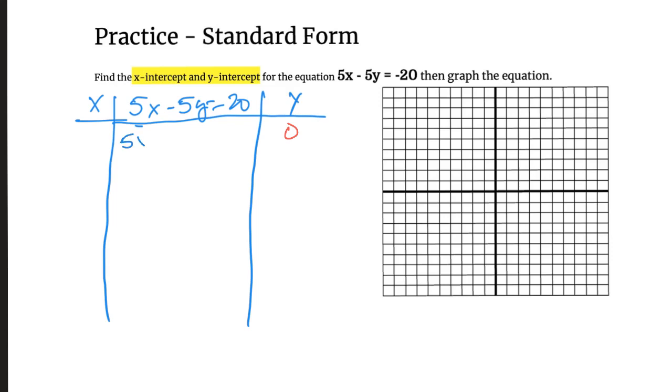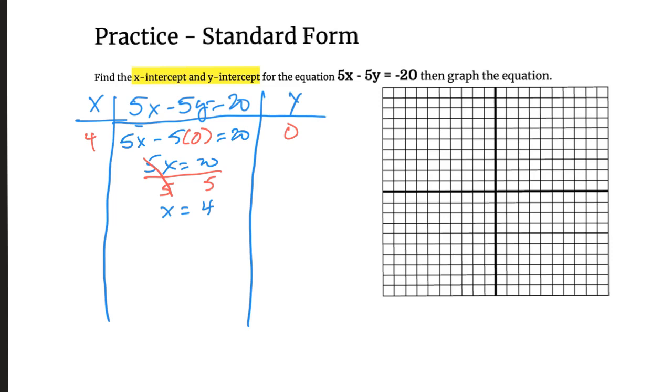So that means we have 5x minus 5 times 0 is equal to 20. 5 times 0 is 0, so that cancels out, leaving me 5x equals 20. And then I'm going to divide by 5 on both sides. The 5's cancel out, leaving me x, and then 20 divided by 5 is 4. So when y is 0, my x value is 4.